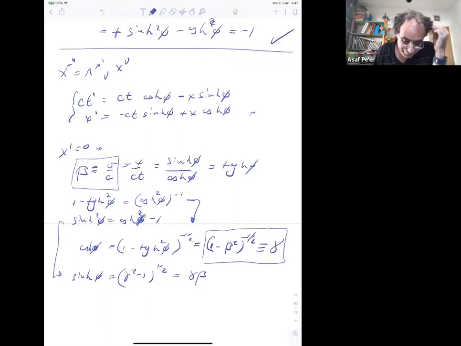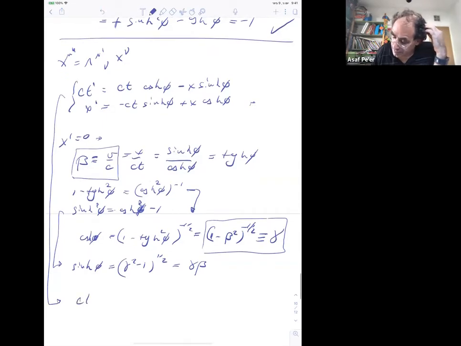So we end up writing ct prime equals gamma times ct minus beta x.